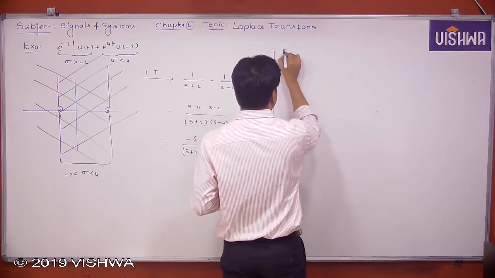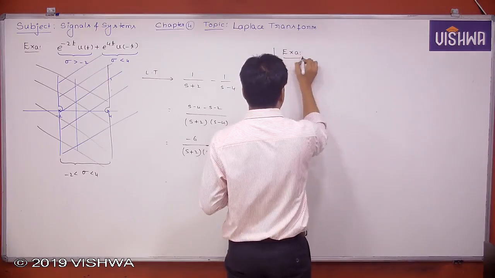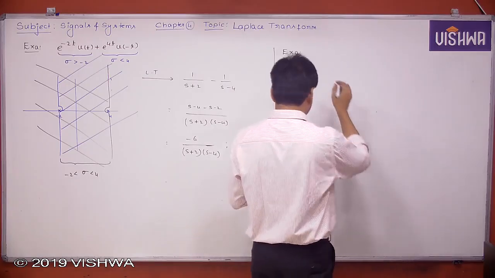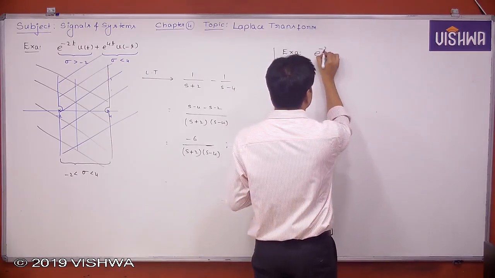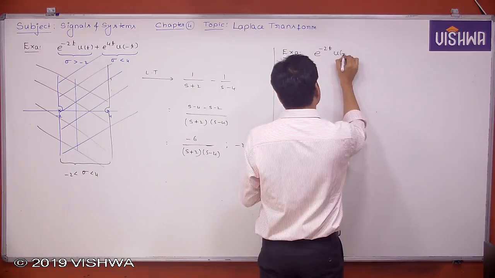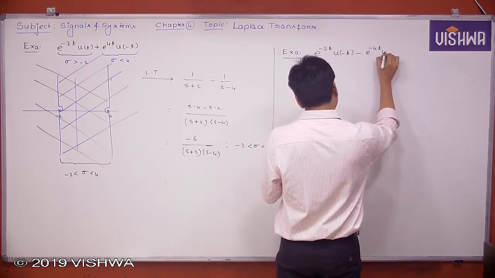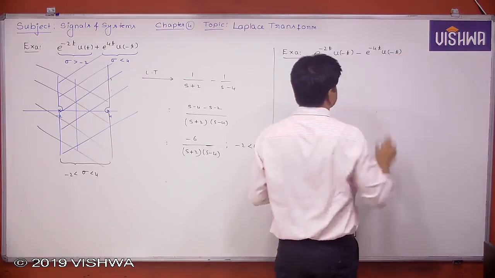Next example. e power minus 2t u of minus t minus e power minus 4t u of minus t.